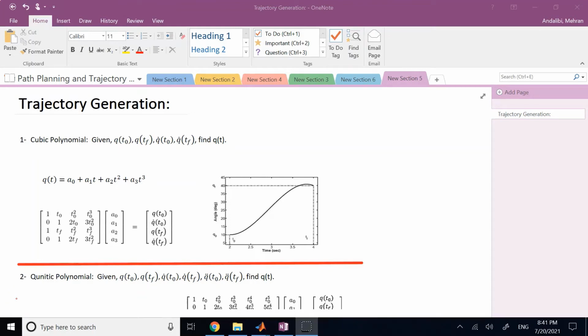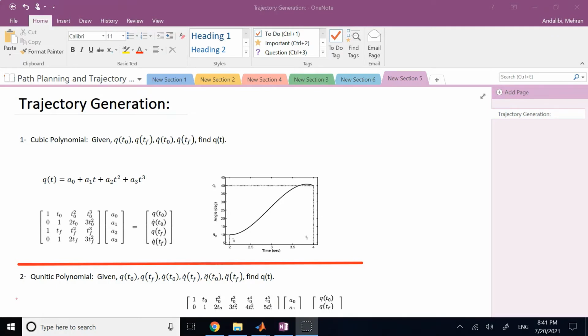Hello everyone. As you know, path planning was really a non-parametric identification of the path, right? Basically, what you did was determine a bunch of waypoints and try to go from one waypoint to another and avoid collision.